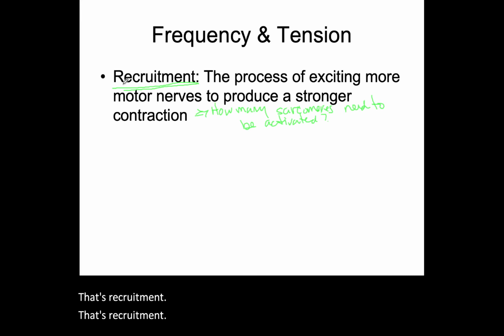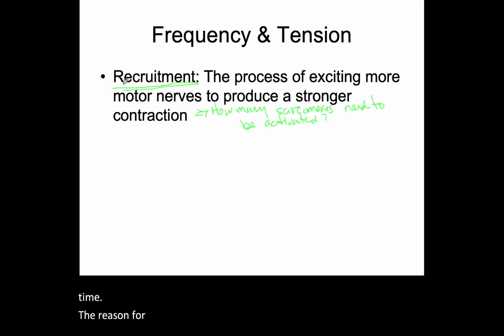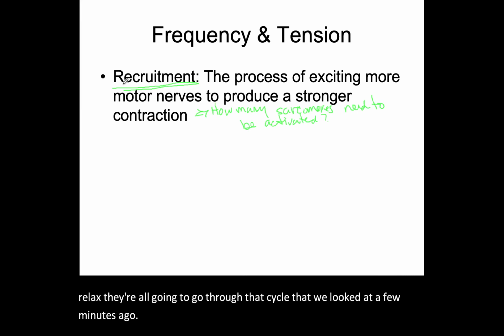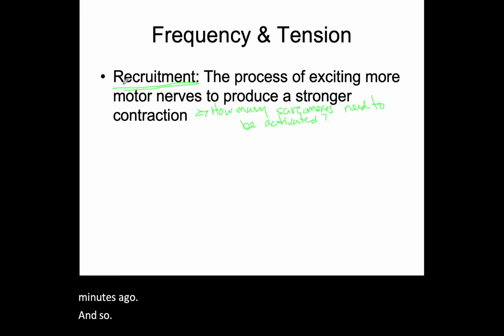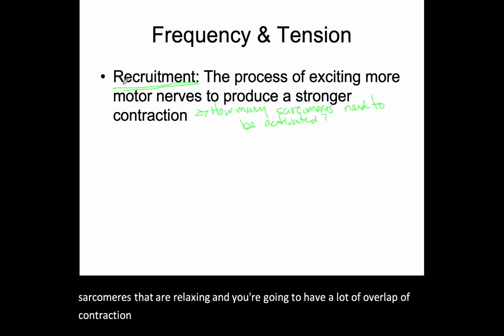Remember that not all sarcomeres are going to be activated at the same time. The reason for that is because all sarcomeres are going to contract and relax. They're all going to go through that cycle that we looked at a few minutes ago. And so you're going to have some sarcomeres that are contracted, some that are relaxing, and a lot of overlap of contraction and relaxation within the sarcomeres.